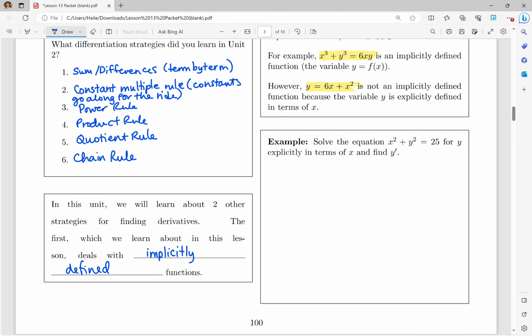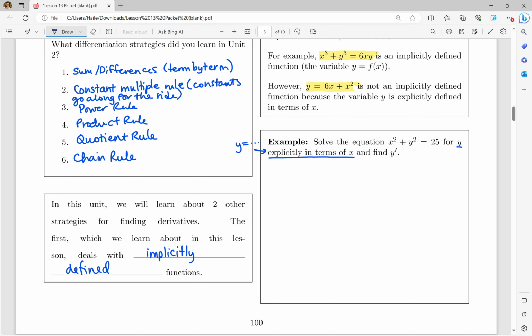Let's try an example. Let's solve the equation x squared plus y squared equals 25 for y explicitly in terms of x and find y prime. y in terms of x means we want something that looks like y equals and then a bunch of x's.